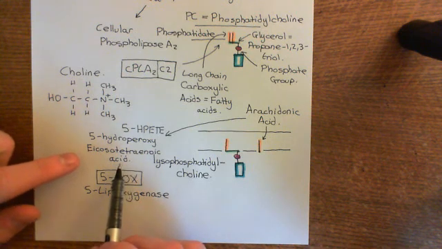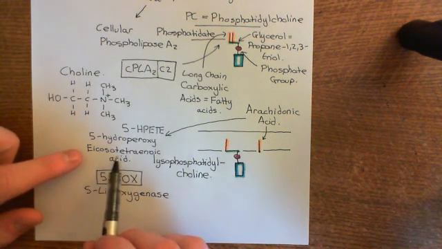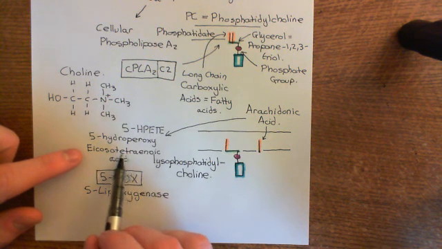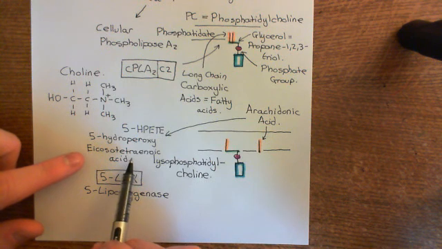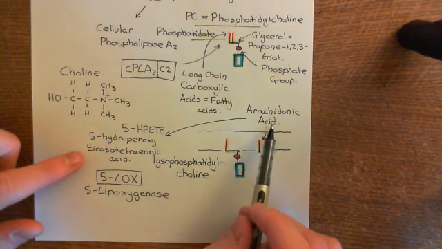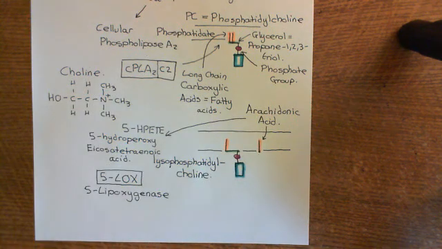Icosatetraenoic acid is just the name for a 20-carbon carboxylic acid where you have 4 double bonds dotted around the place. It doesn't tell you where the double bonds should be, however. Arachidonic acid has a specific position for those 4 double bonds, but often you will hear people just refer to arachidonic acid as icosatetraenoic acid. But really you should say arachidonic acid is an example of an icosatetraenoic acid.